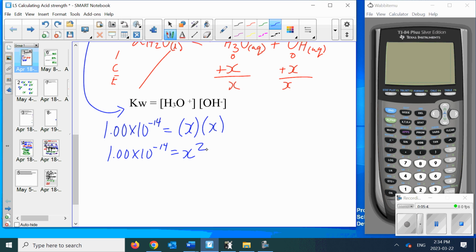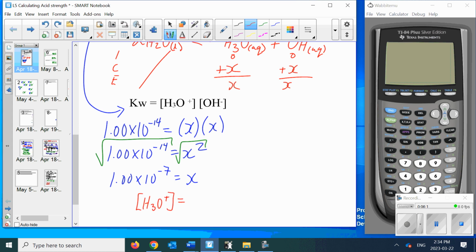Okay. The way to solve something like that is to do a square root. Square root of 1 times 10 to the minus 14 gives x equals 1 times 10 to the minus 7. That almost solves the problem. We really were asking for hydronium ion concentration and hydroxide.